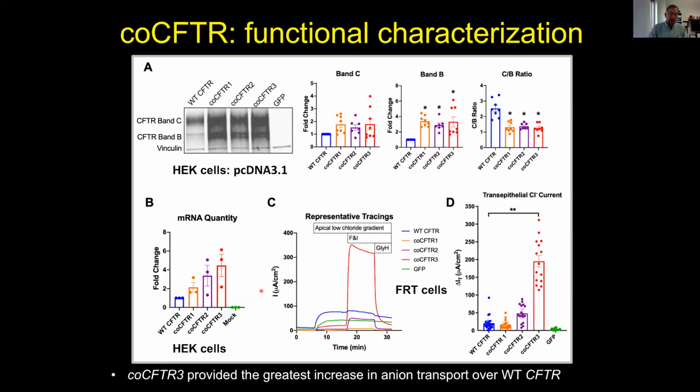She also looked at the mRNA abundance, and there was a trend that CFTR3 gave us more mRNA. These constructs were electroporated into FRT cells and their current properties studied. And in the presence of cyclic AMP agonists, CFTR number 3 gave us the greatest currents, and that's shown here in the bar graph on the right.